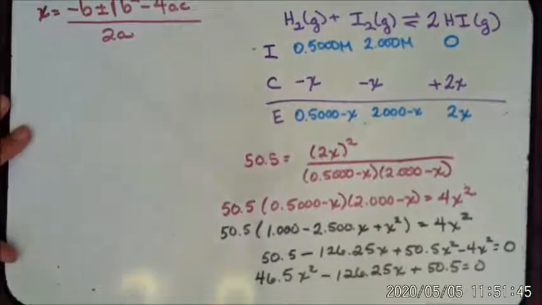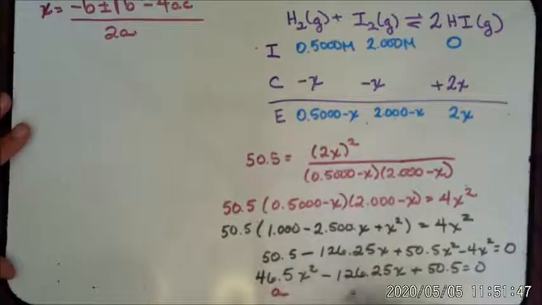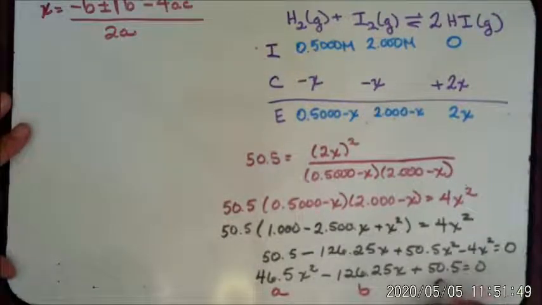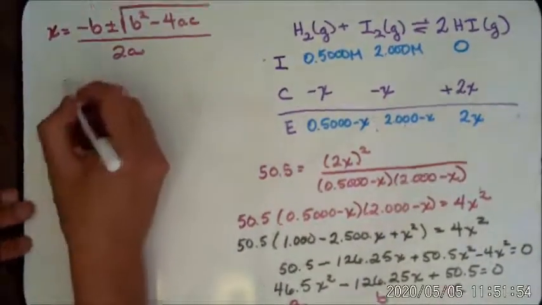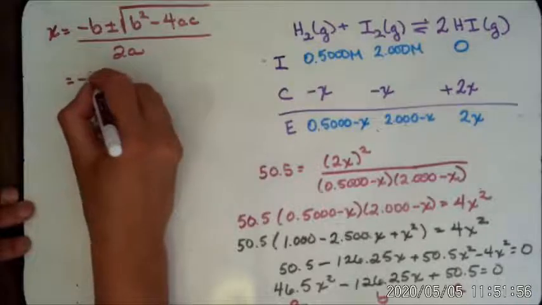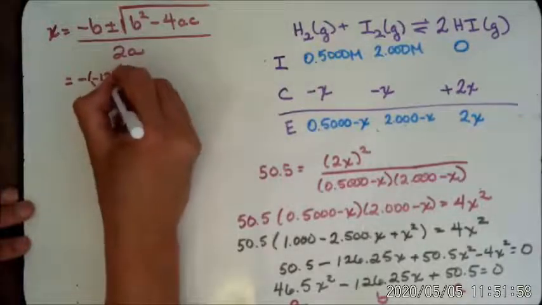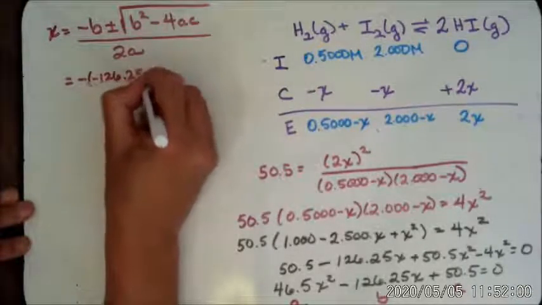Okay, and we know this is equal to a, this is equal to b, and that's equal to c. So let's just plug in our numbers. So x is going to be equal to minus negative 126.25.